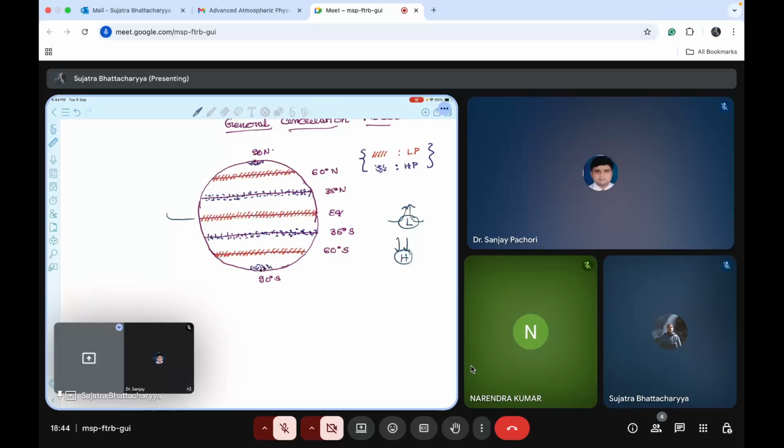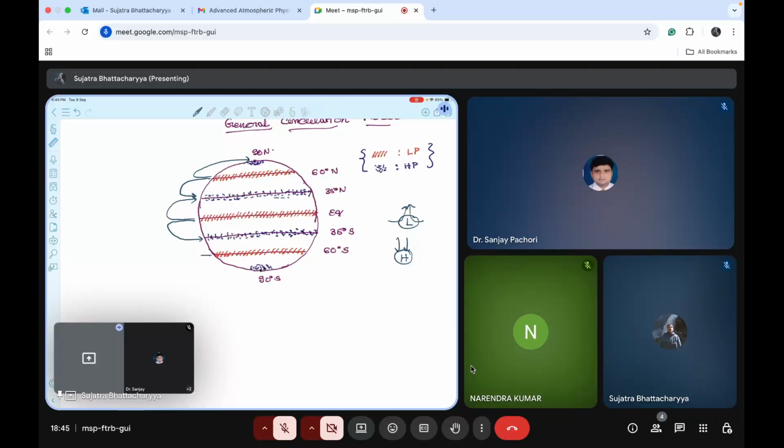So it goes up and it falls over here. Similarly, in the southern hemisphere, it will go up and fall over this region, because these are the high pressure belt and this is the low pressure belt. Similarly, there must be some ascending motion from here also because this is a low pressure belt. So it should go here and it should fall here. Again, it should go here and it should fall.